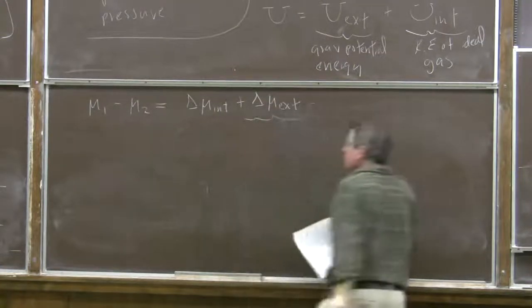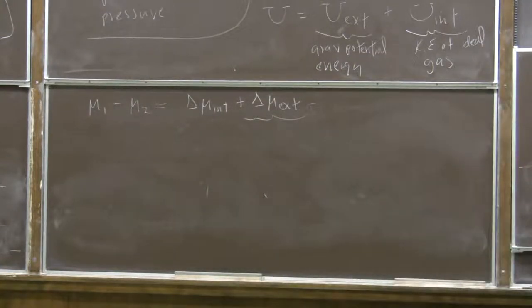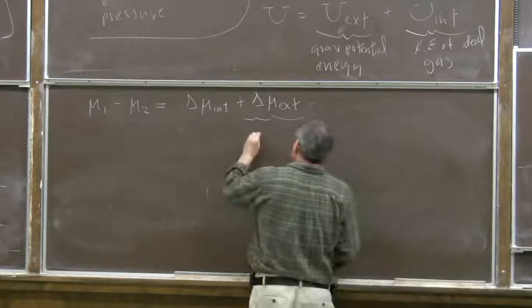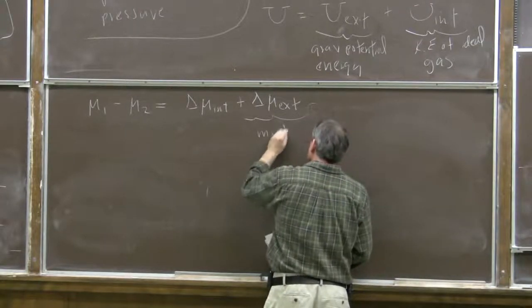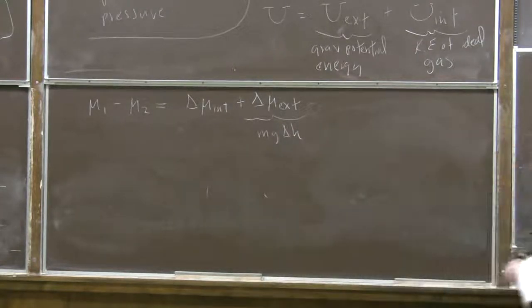And the external one is just, since the chemical potential is energy per particle, the potential energy cost of lifting the particle by delta H in the Earth's gravitational field, mgh.